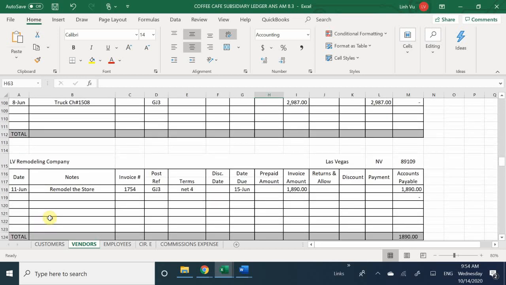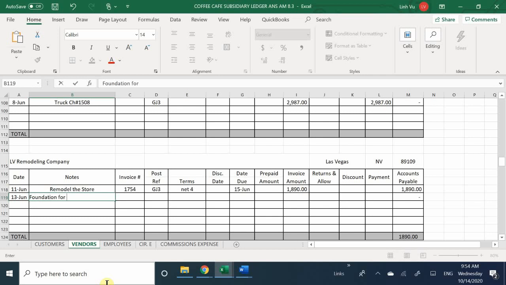So LV Remodeling, here they are. We know it's going to be for June 13, and my note is going to be foundation for coffee grinder.